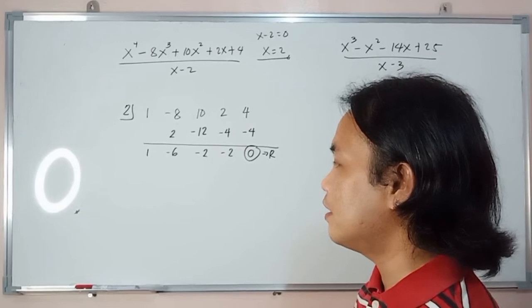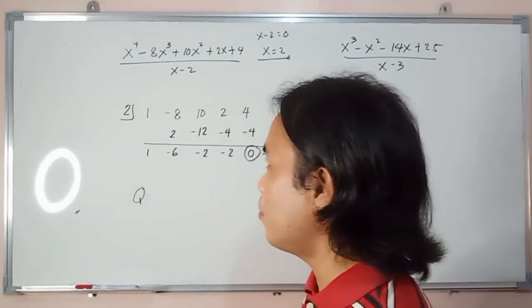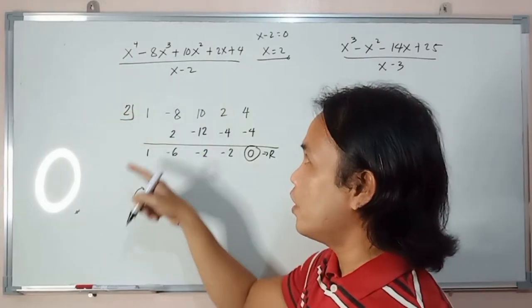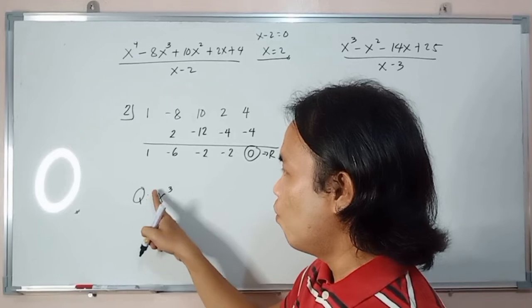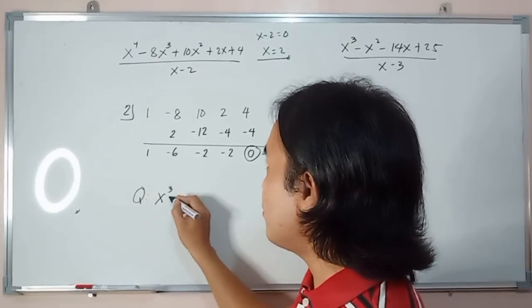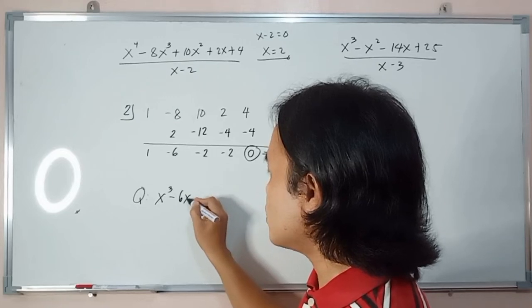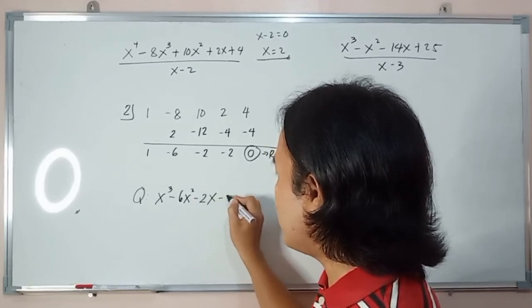So how do we write the quotient? Our quotient now becomes, since this is x raised to 4, this becomes 1x cubed, or x cubed. We copy minus 6x squared. We copy minus 2x minus 2.